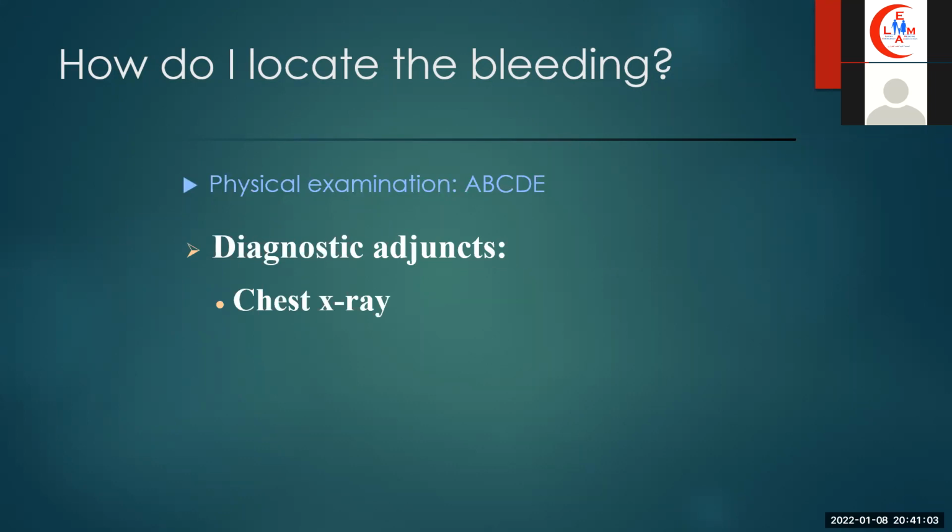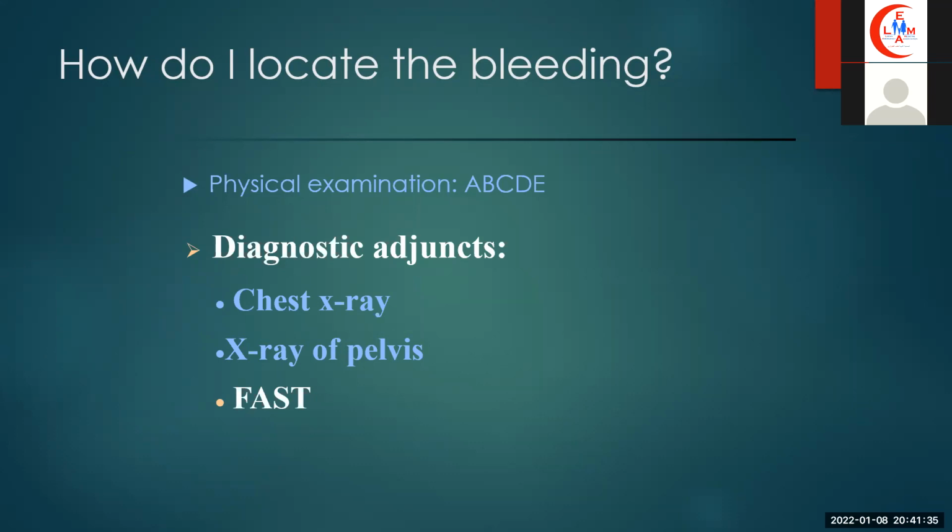And other diagnostic tools will help to locate the bleeding. You can do a chest X-ray to see if the patient has hemothorax, an X-ray of the pelvis to see if there is a fractured pelvis. And very important is to do the FAST scan, the bedside ultrasound, especially if the patient became hypotensive or deteriorated during the resuscitation.